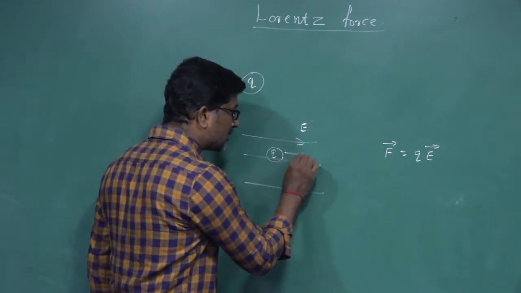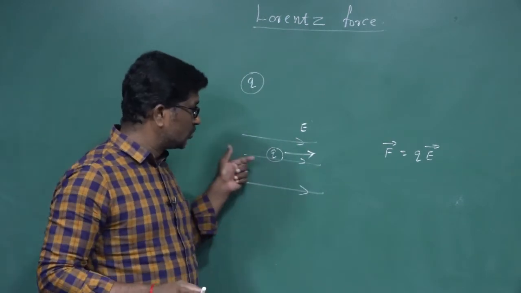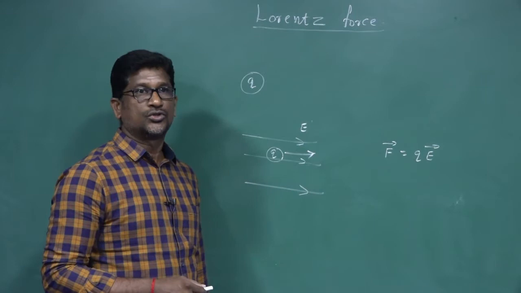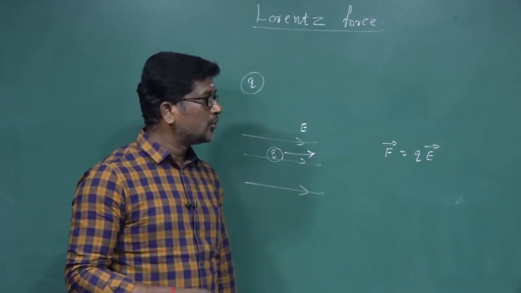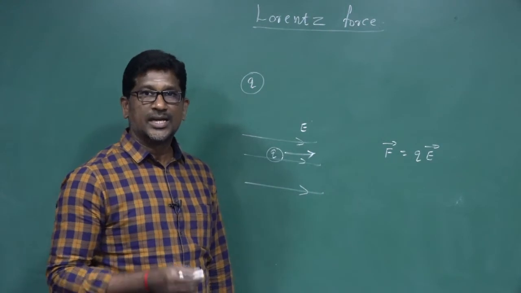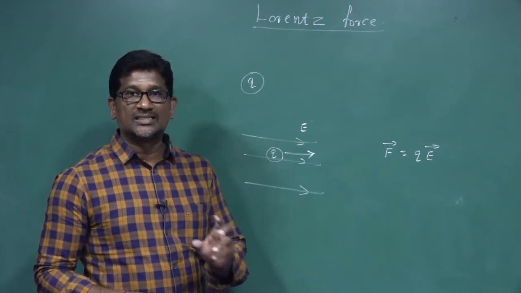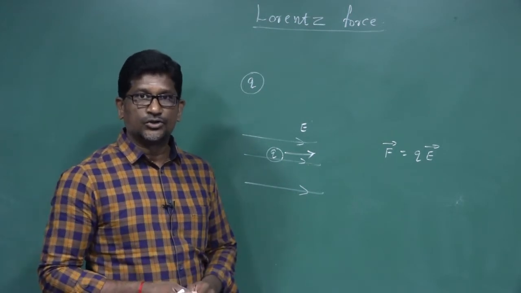Suppose the electric charge moves inside the electric field. Now also it experiences electric force, given by the same formula, F vector is equal to Q into E vector. In the case of magnetic field, if the electric charge is stationary, the charged particle does not experience a force.